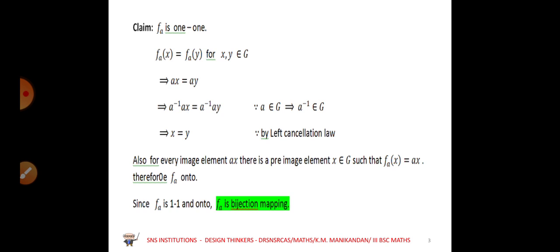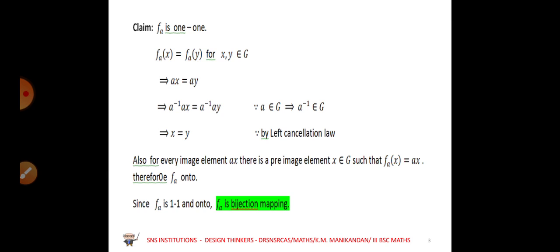So therefore we have shown that FA of x equal to FA of y implies x is equal to y. Whenever the corresponding codomain elements are equal, the corresponding domain elements are equal. So therefore FA is one-to-one.